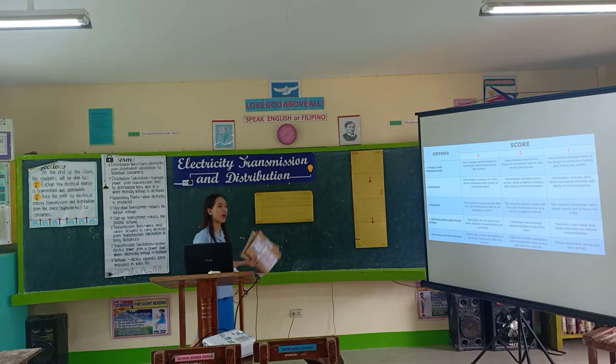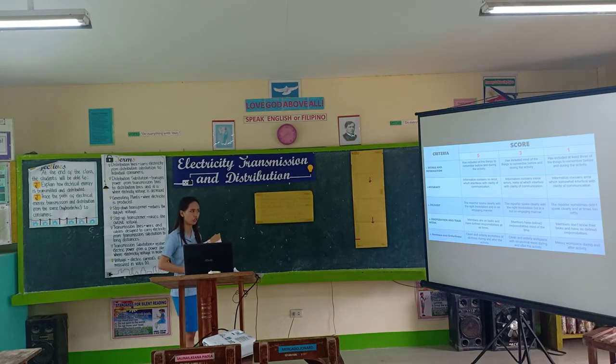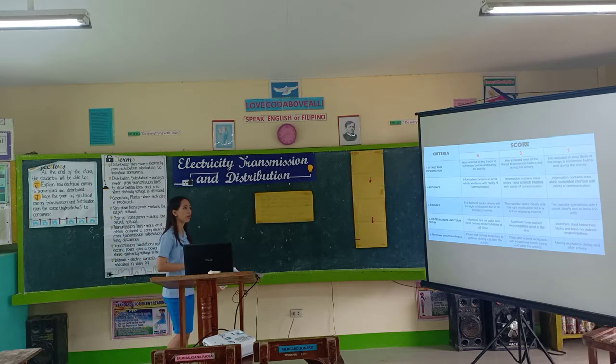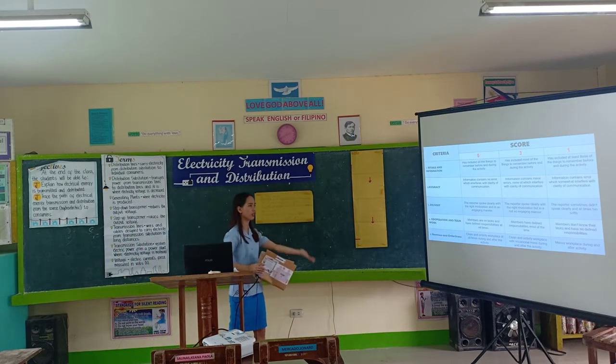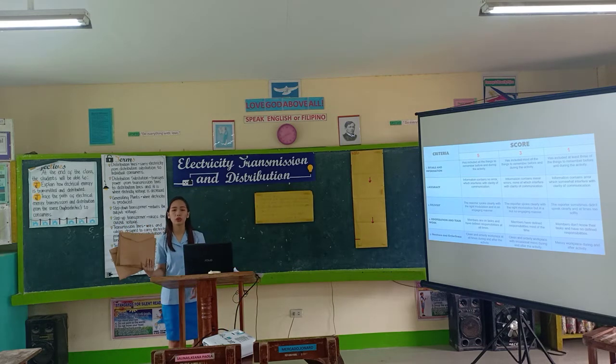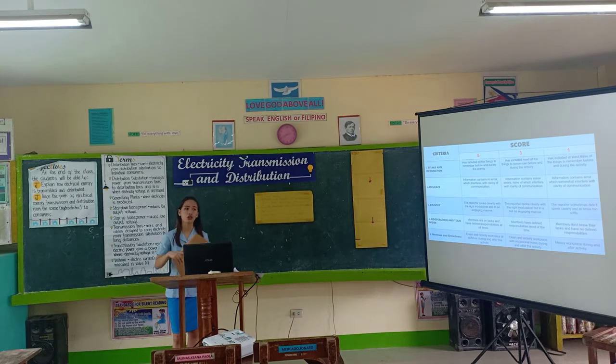After that, answer the guide questions in the activity sheet. Your group output and presentation will be graded by the criteria you can see on the screen. You will be given only 5 minutes to finish the activity. Are you ready? Okay, you may start now.